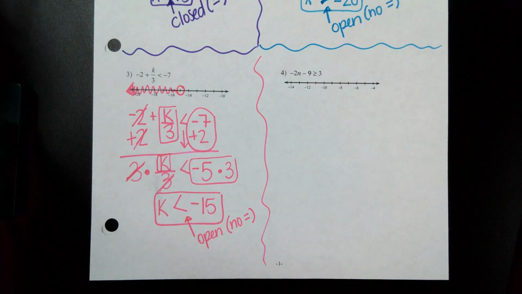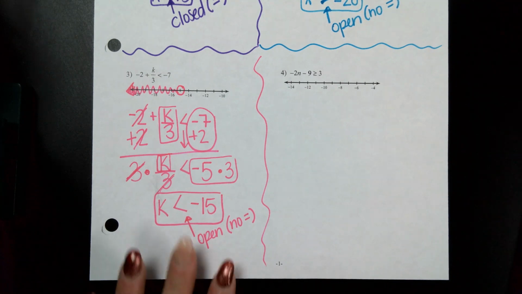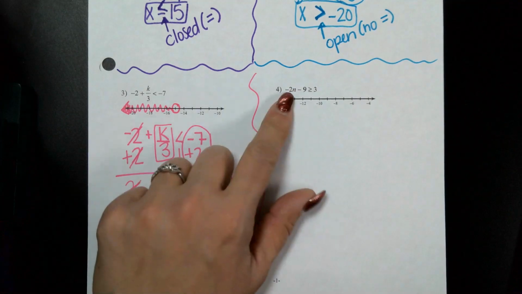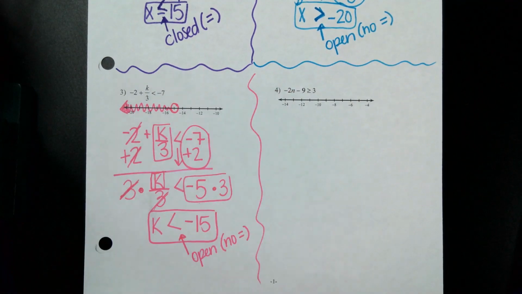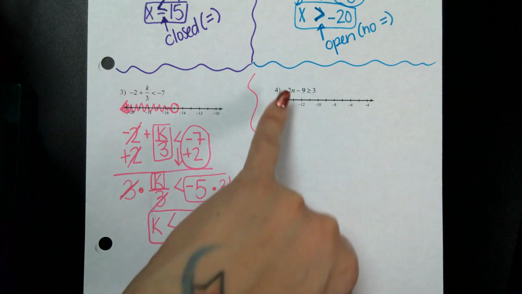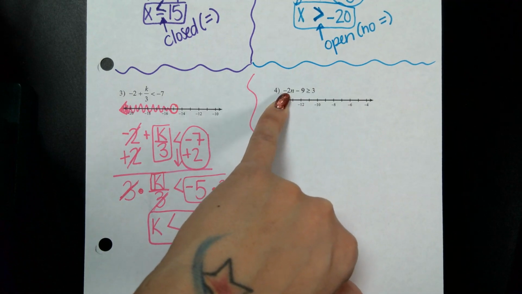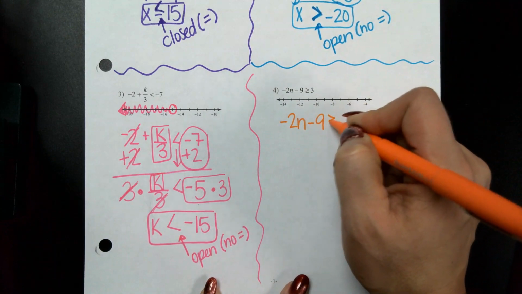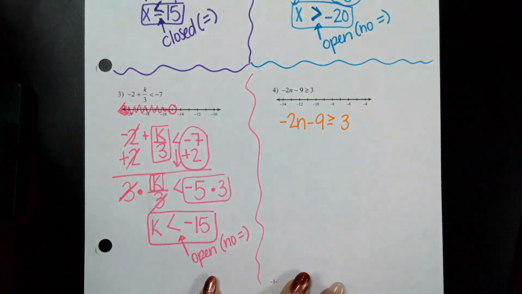Number 4 is pretty much just like number 2. I see a negative 9. How are we going to move that? We're going to add 9. And then the number in front of n we'll divide by at the end. You just have to be careful because we are dividing by a negative on this one. Here's the original problem.